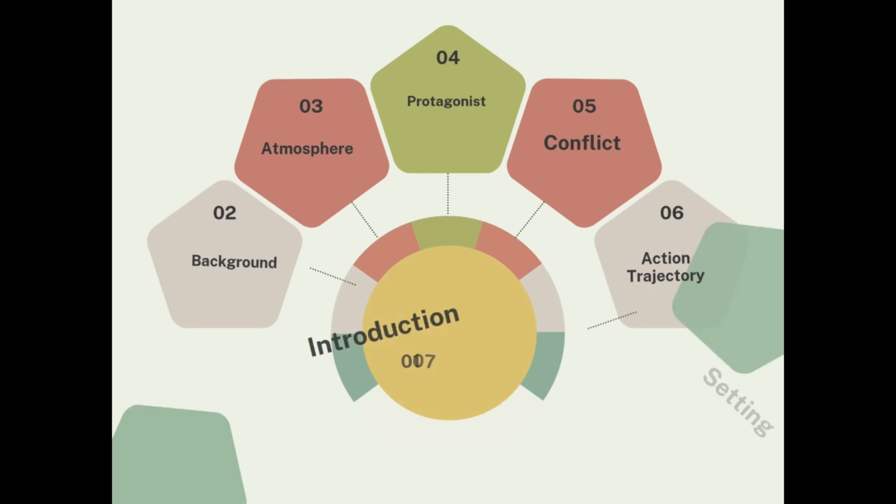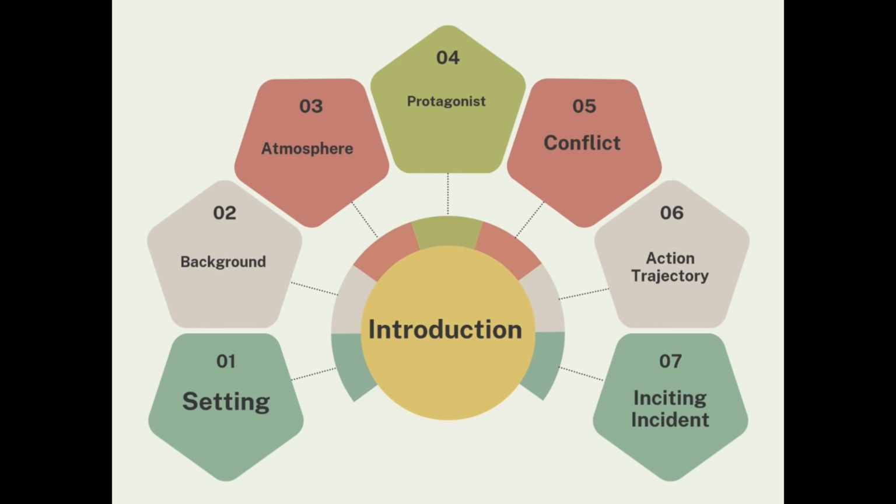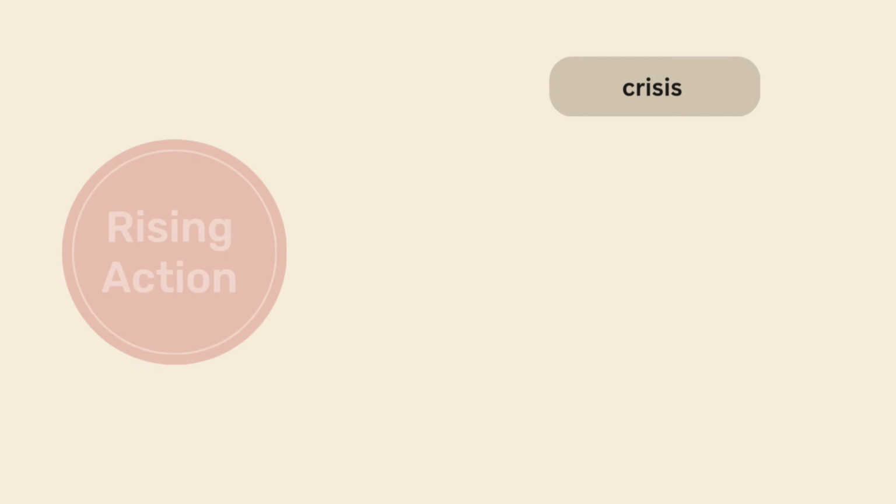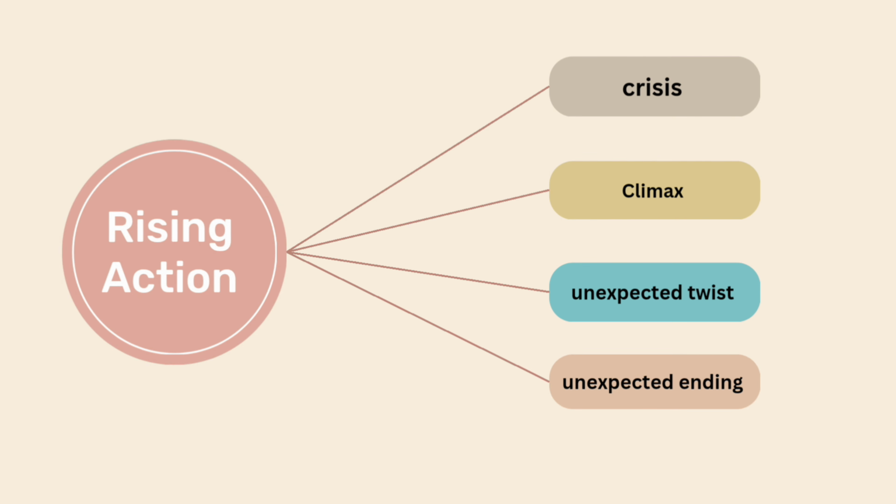The introduction of the first act consists of 7 key elements: setting, background, atmosphere, protagonist, conflict, action trajectory, and inciting incident. The rising action in the second act of the short film consists of 4 key elements: the crisis, the climax, the unexpected twist, and the unexpected ending.